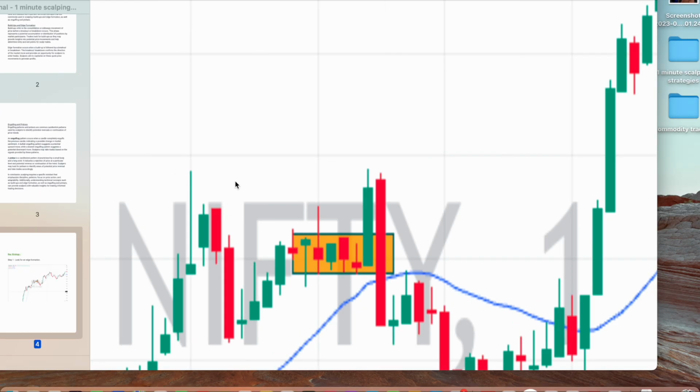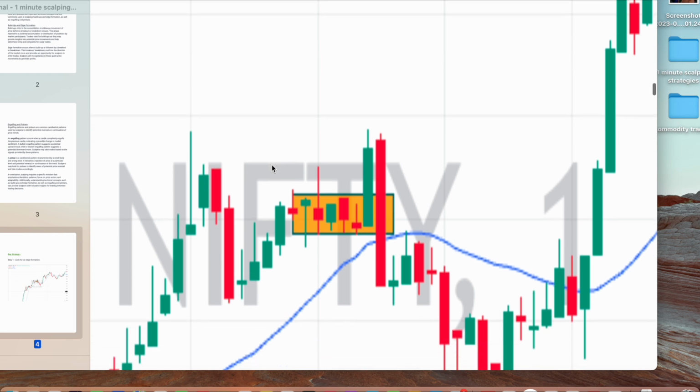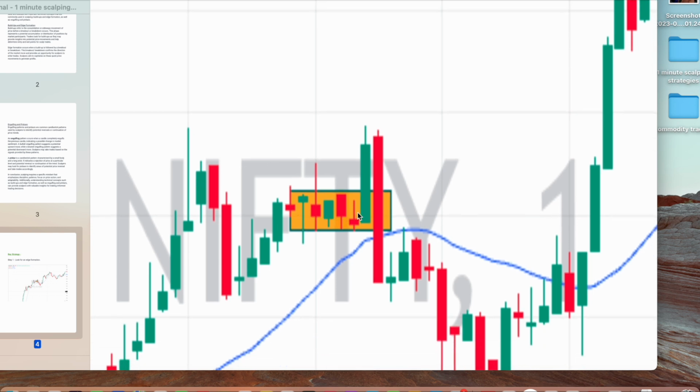If you look at this particular picture, there is a build up, a fine, long build up over here, and the price, this particular red candle, crossed the low of the build up, and after that the price tried to cross the low or the high, anything should be fine. In this case the price tried to cross the low of the build up.